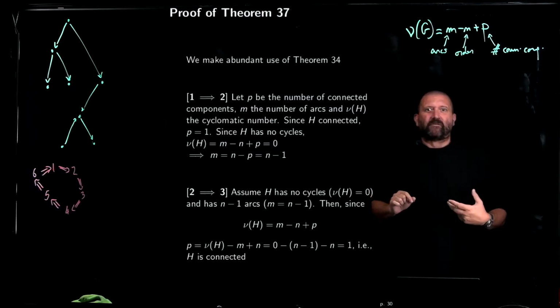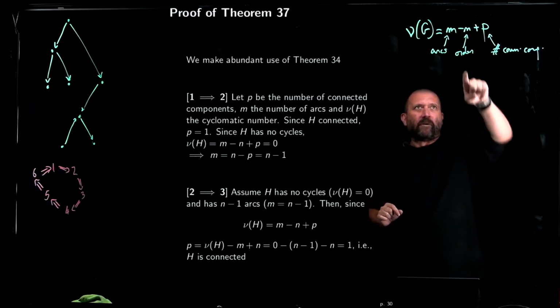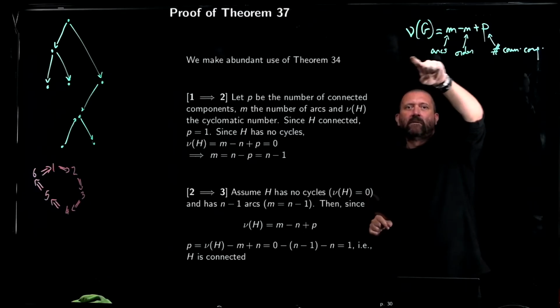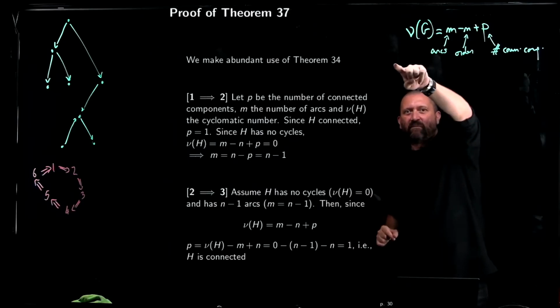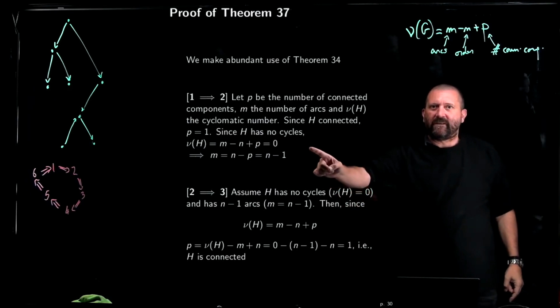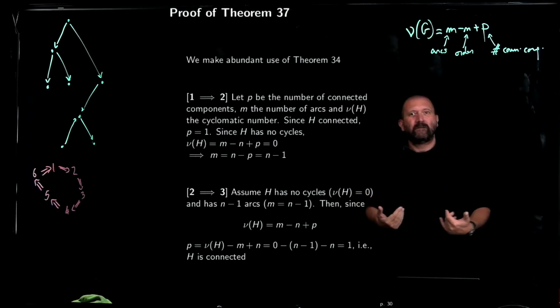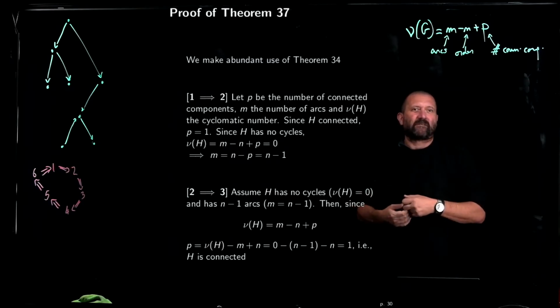So then I'm looking for the number of arcs. I can write that m is nu plus n minus p, which is what we're writing here. And we find right away that this means that there are n minus 1 arcs.